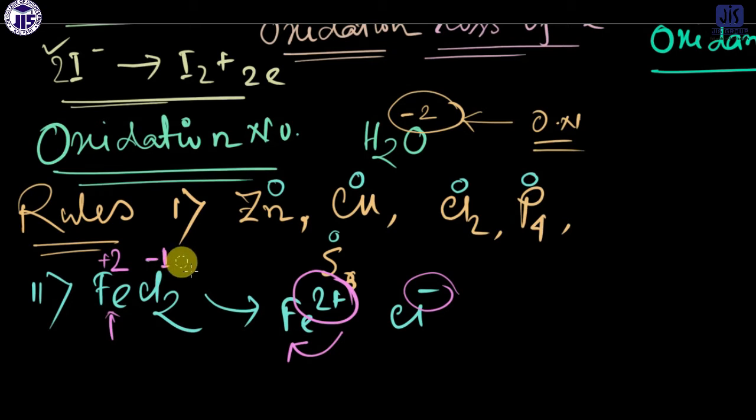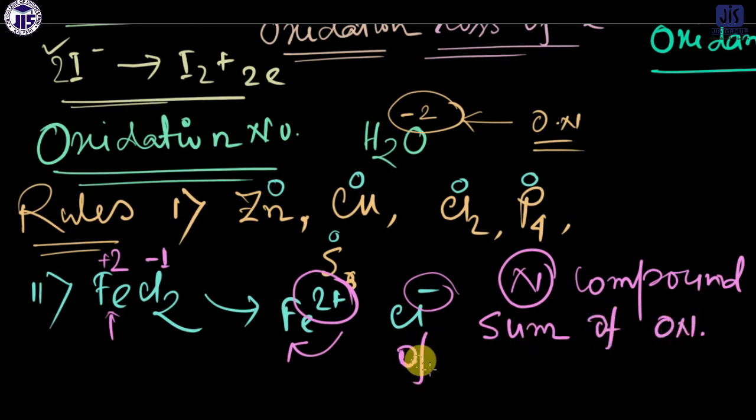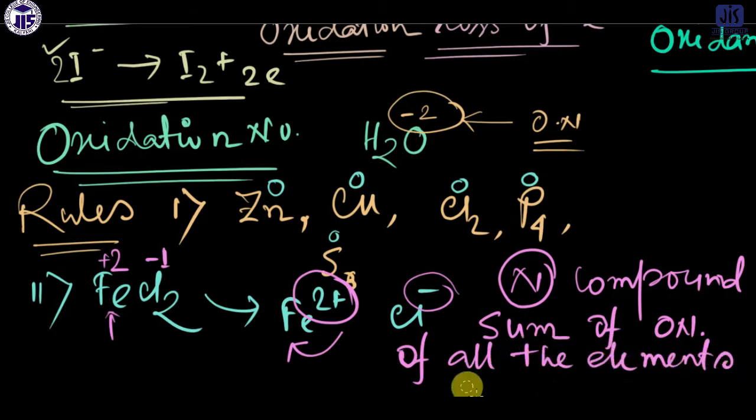One thing you have to keep in mind here: for any neutral compound, the sum of the oxidation numbers of all the elements will be 0. This is a very important thing.